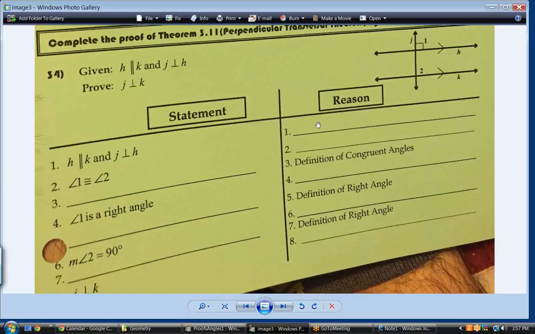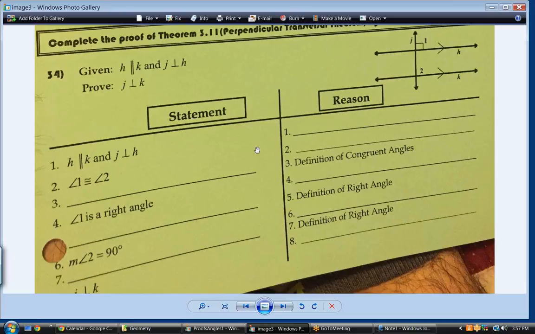So what's the reason for number 1? Given. It's the reason for number 2. Corresponding angles are equal.